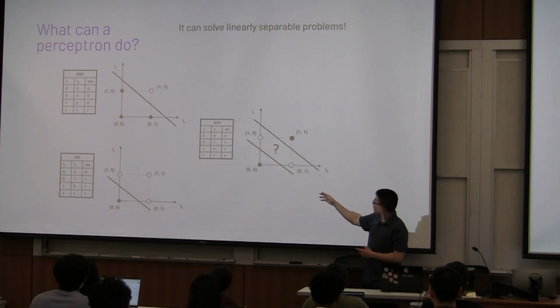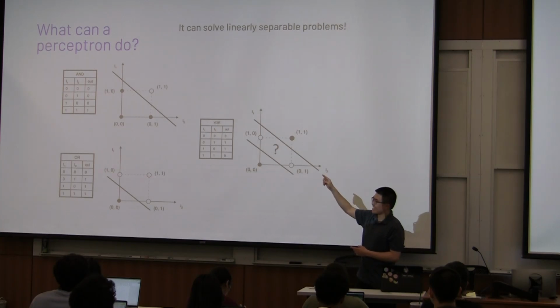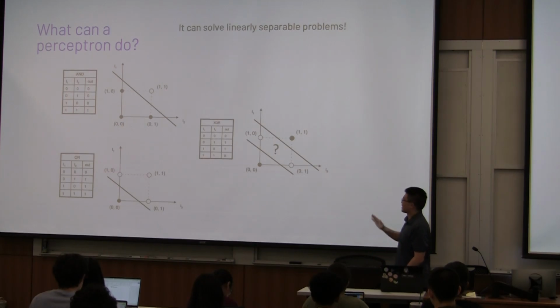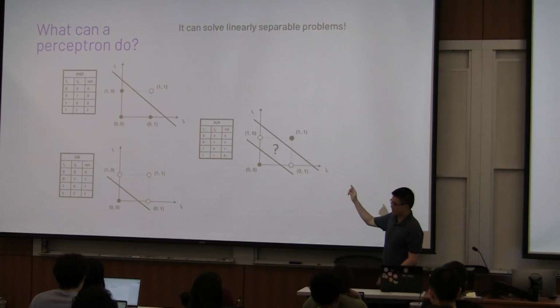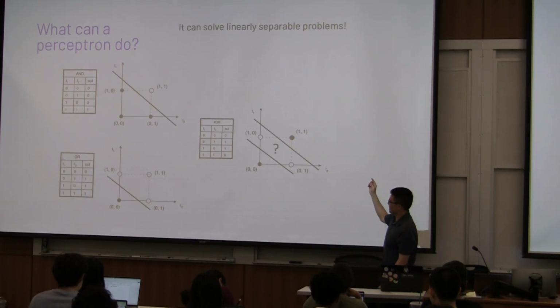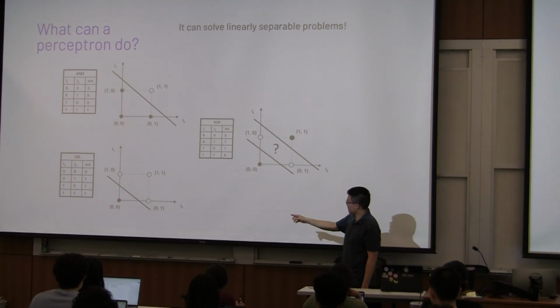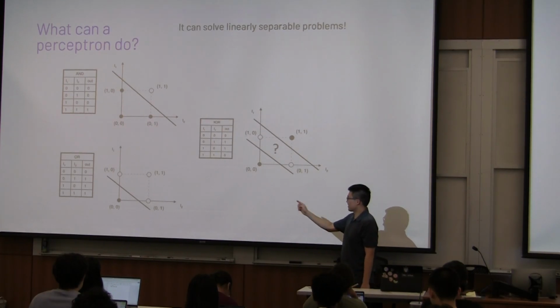Sorry, if both are 1, then it's white. Otherwise, it's black. So that's AND. As you can see, we can fit our perceptron to separate the data perfectly. We have all the ones with black on one side, all the ones with white on the other side. This is OR. If one of the inputs is 1, then it will be white, and otherwise it will be black.